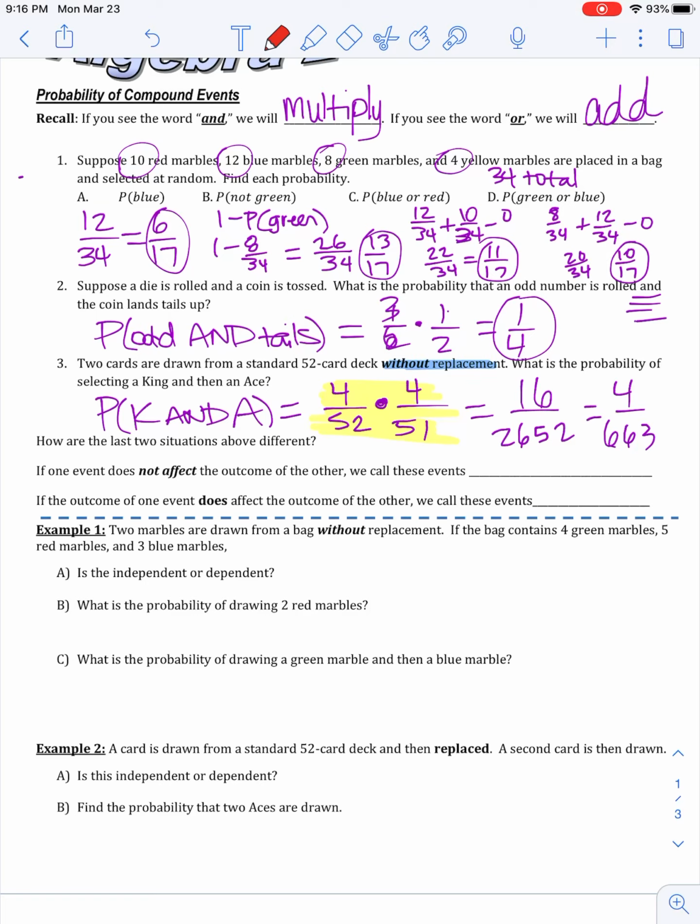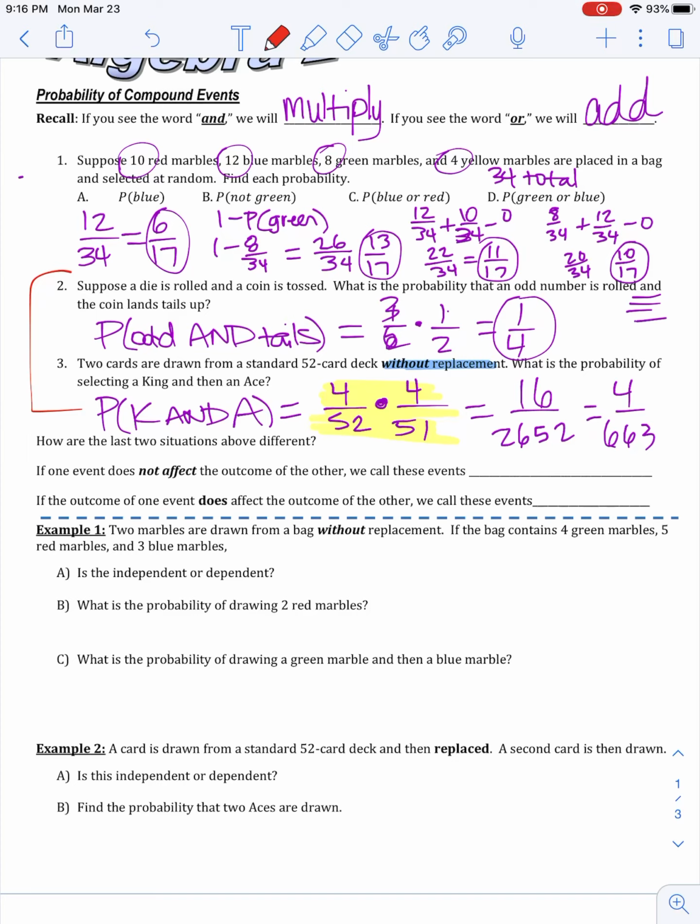All right, so how is number 2 and number 3 different from each other? In one of these, we had independent events, and in the other, we had dependent events. In number 2, when you're flipping a coin and rolling a die, whether the coin lands on heads or tails, does that have any influence on what number the die lands on? No, and vice versa.